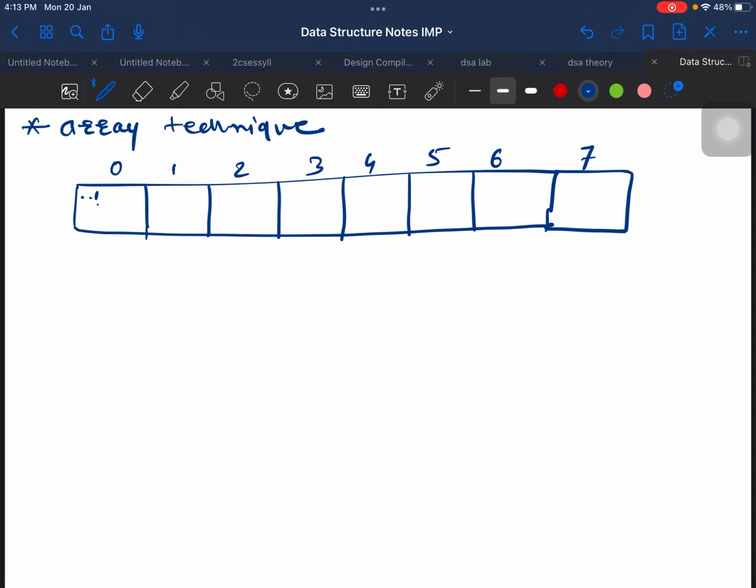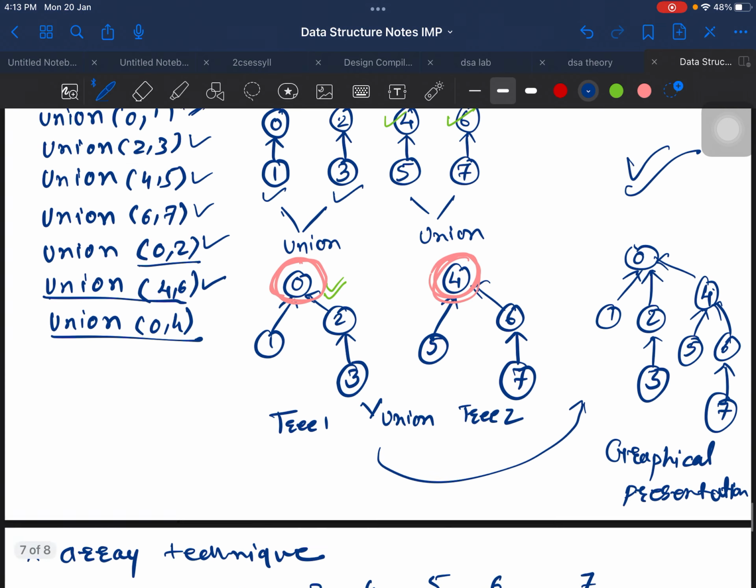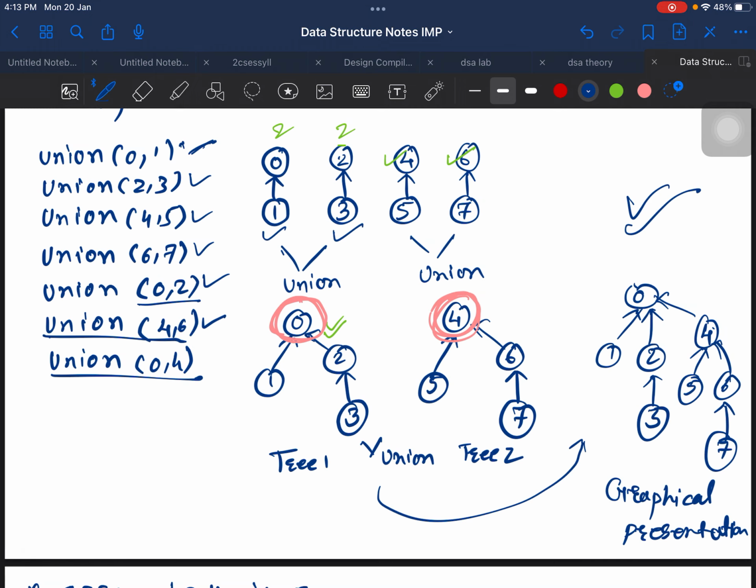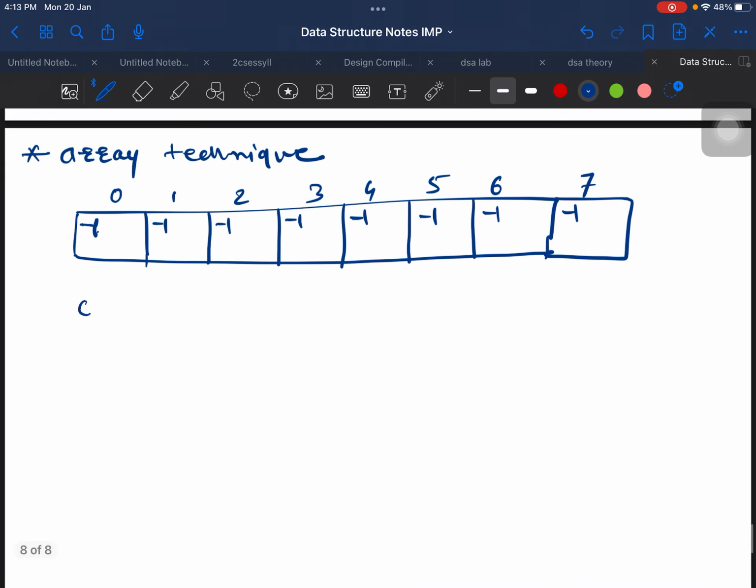So if no one is the parent, we assume that minus 1 is the parent. So I initialize this array with minus 1 because I am assuming that each element of this set, or each node of the graph, is independent. Now the first thing they have given is union 0 comma 1.